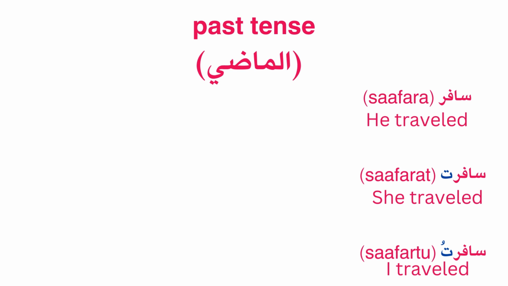Safartu, I traveled. Safarna, noon as we told you, represents the we. Safarna, we traveled. In past tense, pronouns are attached in the end, while in the present tense, pronouns are attached in the beginning.